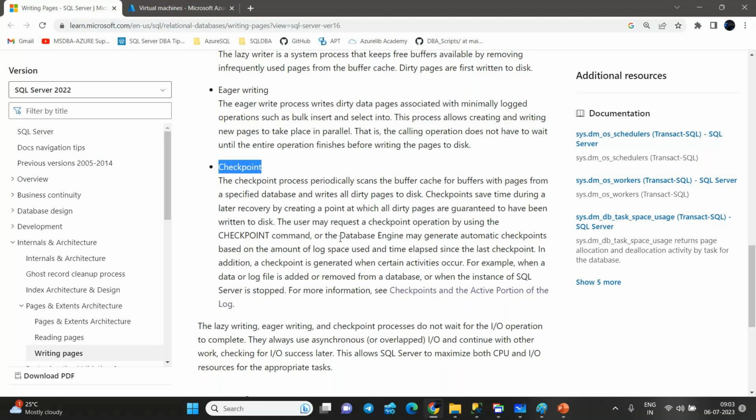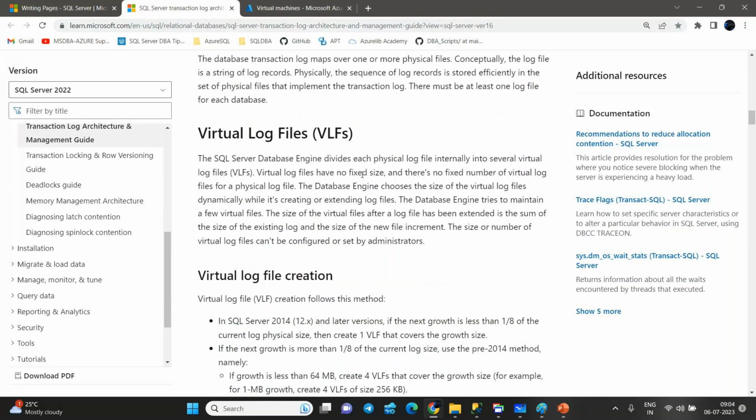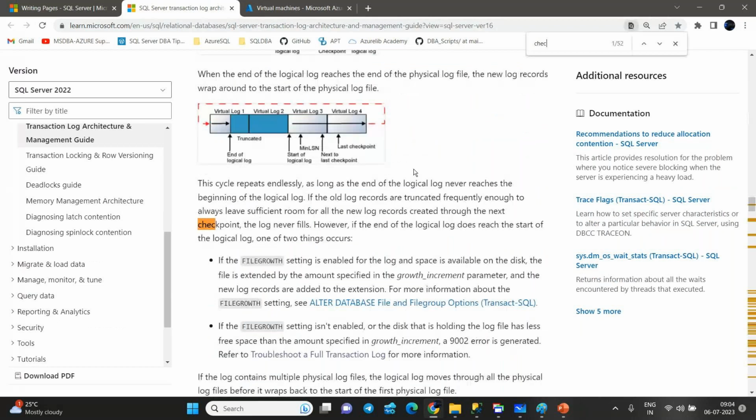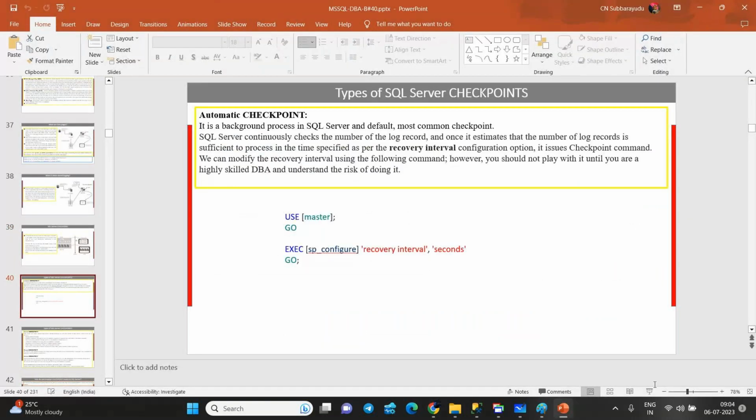So what is the time frame of the automatic checkpoint which is running in the backend?